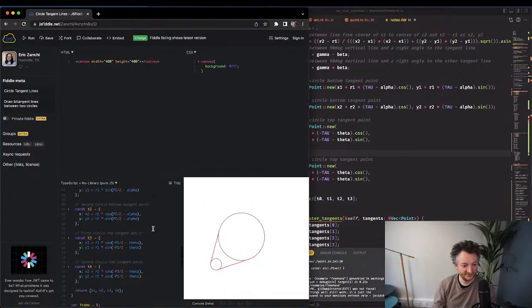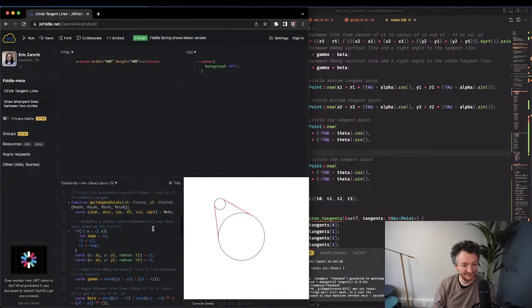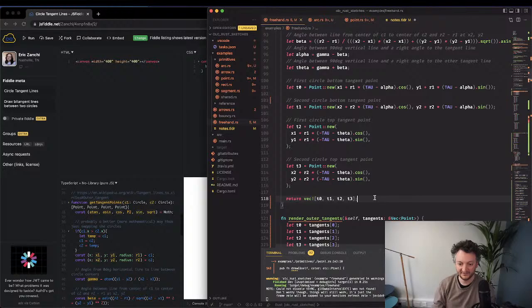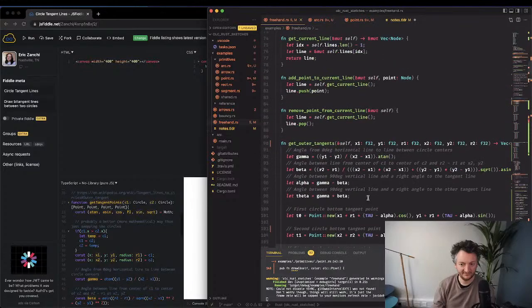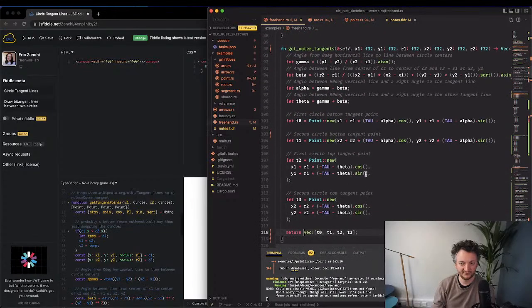Right. And it said here that if cx, so it's just about the x. So that would just mean x1 is less than x2, then T2, T3, otherwise T0, T1.